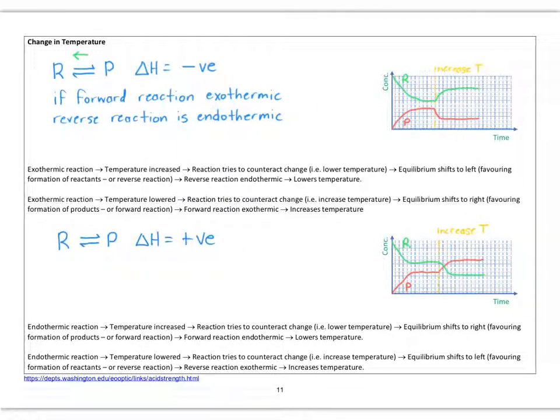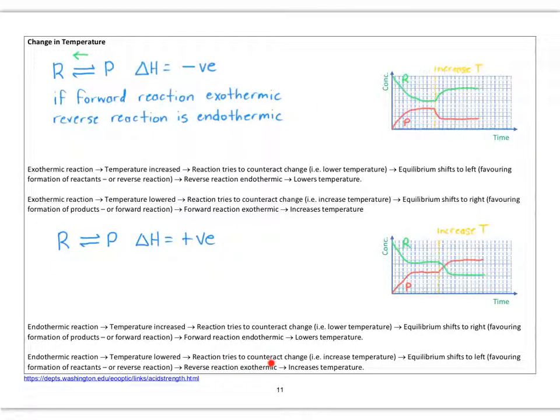And obviously in the opposite case, if we have an endothermic reaction like this one, the temperature is lowered, the reaction tries to counteract the change, increase the temperature. So we're going to want the reverse reaction, because this is going to be the exothermic one that releases heat, gets hotter, equilibrium shifts to the left in favour of the reactants. Reverse reaction, 3 different ways of saying the same thing.